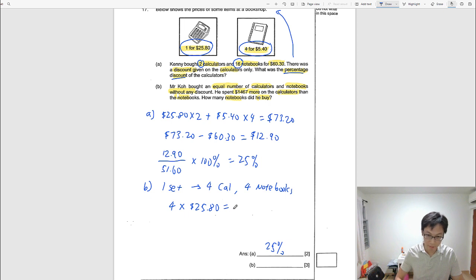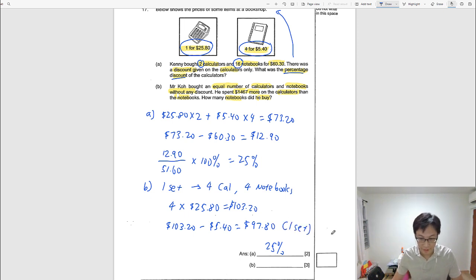You will get 103.2. And we know that 4 notebooks is 5.40, correct? So now let's find the difference in the cost between 4 calculators and 4 notebooks, which is 103.2 minus 5.4. You should get 97.8. So this is considered one set.